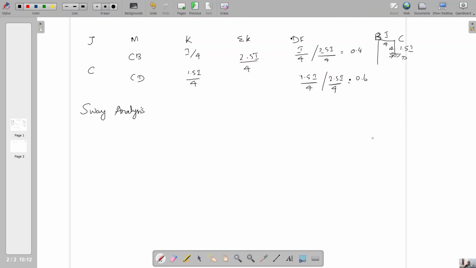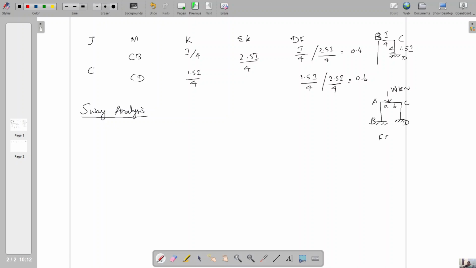In the previous examples, or you might have referred to some of the examples in your textbook, when both the column lengths are equal and subjected to varying span load, that is unsymmetrical load of some W kilonewton, the sway analysis can be done by assuming some arbitrary moment for AB, BA, and CD, DC.